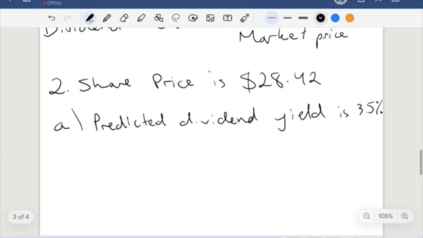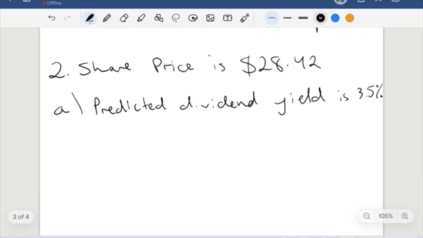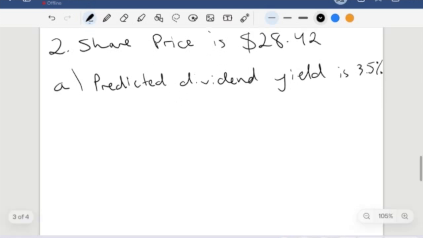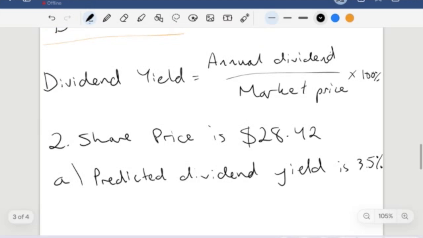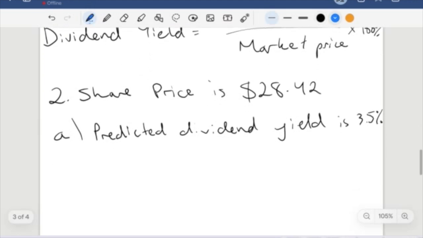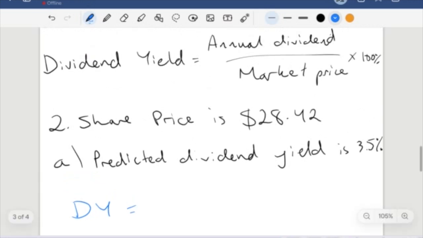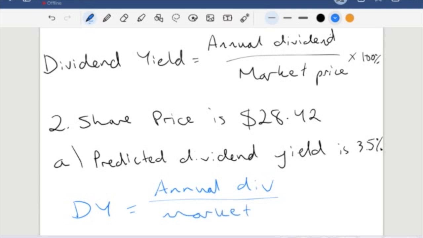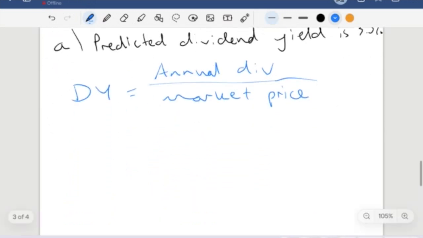And we want to find what the actual dividend is that you will get paid. So this is what you're going to get at the end of the day. So we have a formula here, let's write it out again: dividend yield equals the annual dividend over the market price. We'll save the 100% for a little bit later.